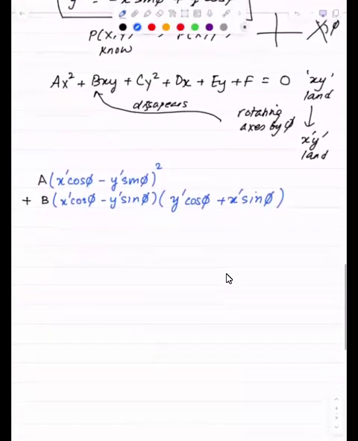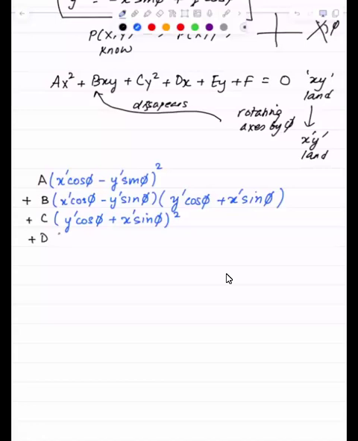Okay, sorry about that. Now plus c. Now I'm going to replace the y squared. So y is again y prime cosine phi plus x prime sine phi, squared, plus dx.